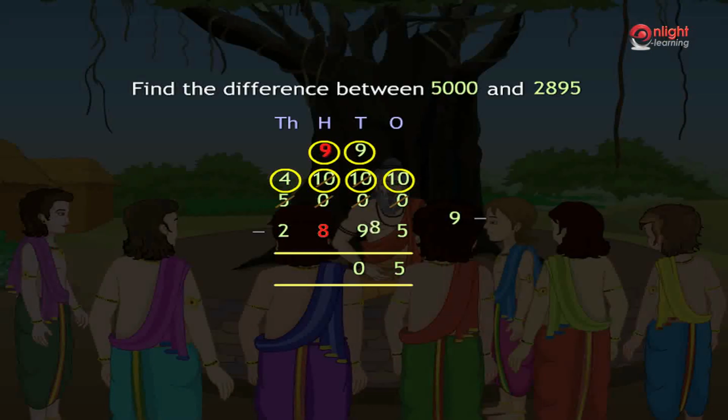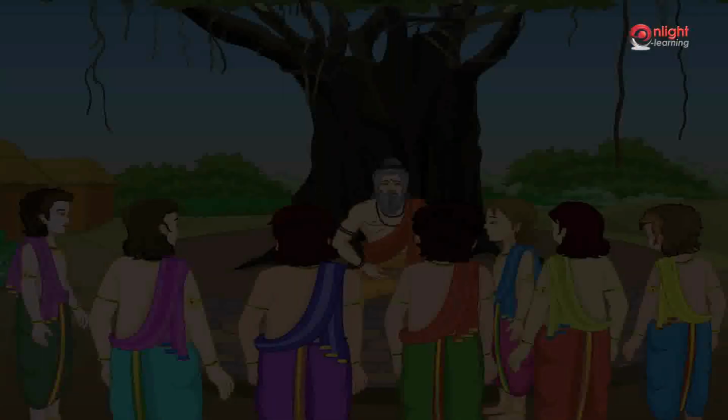Subtracting 8 from 9 we get 1. Now in thousands place we have 4 and 2. Subtracting 2 from 4 we get 2. Therefore, the difference between 5,000 and 2,895 is 2,105.